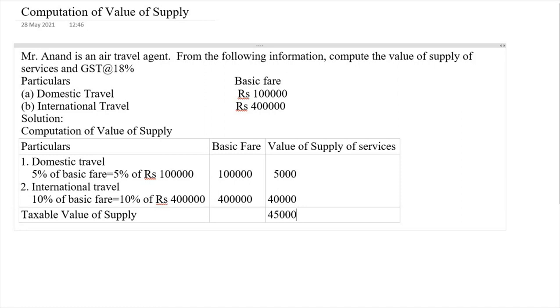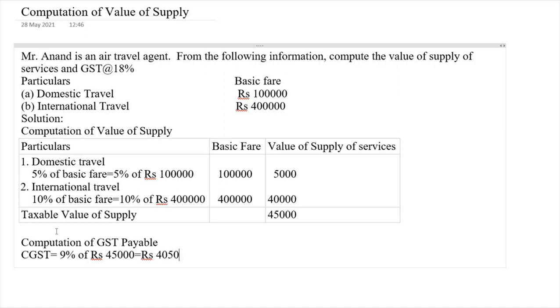So now we need to calculate GST here. GST is 18%. So computation of GST payable. CGST equals 9% of rupees 45,000, which equals rupees 4,050.